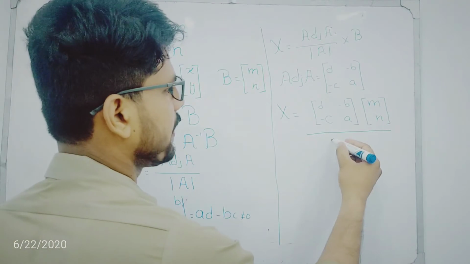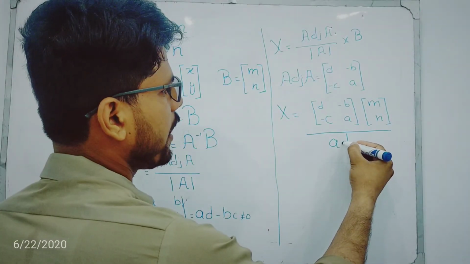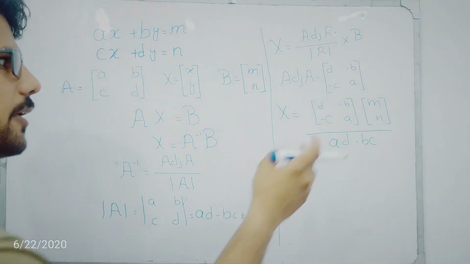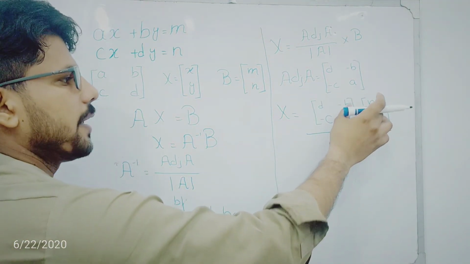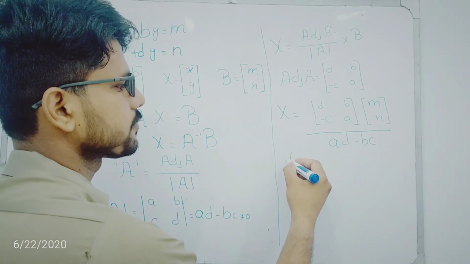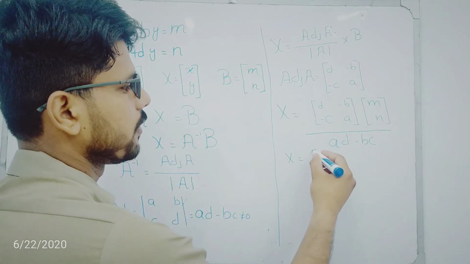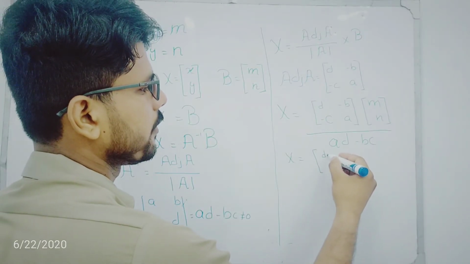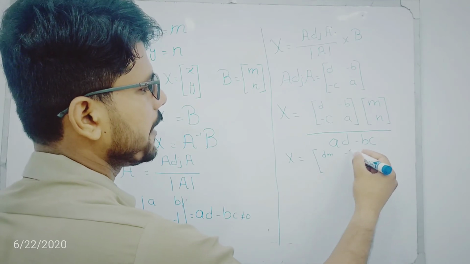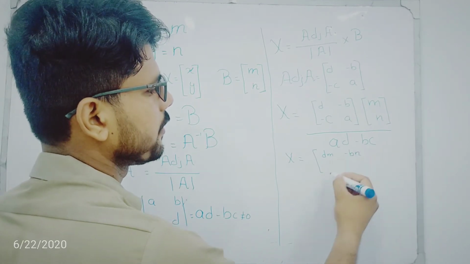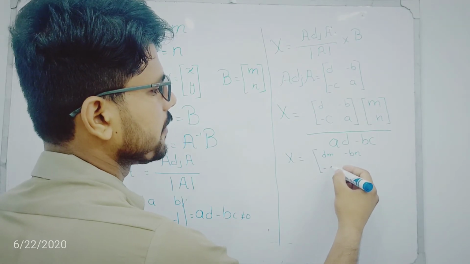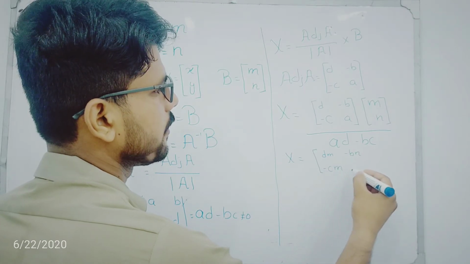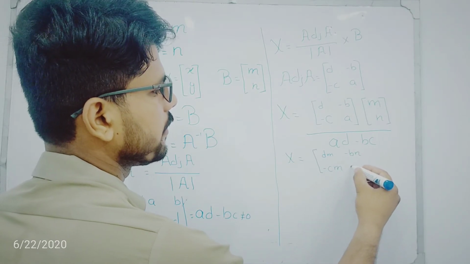The determinant value we have is ad minus bc. So we multiply these two matrices. dm minus bn, minus cn and an.